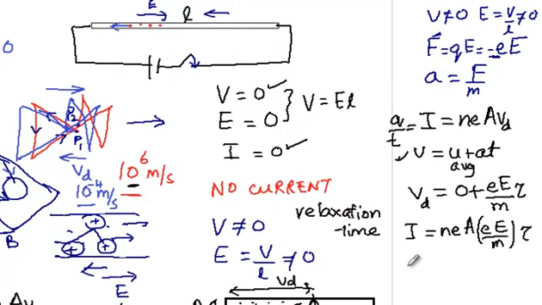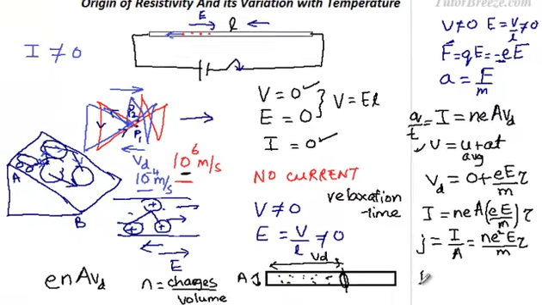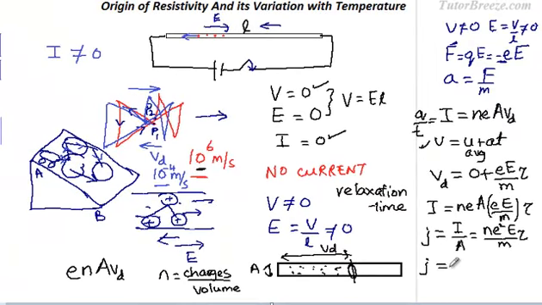Next we have another quantity which is called the current density, and the current density is the current over area. So that would be ne squared tau E over m. Now you already know that the current density J, which is the current per unit area, is the conductivity times the electric field.